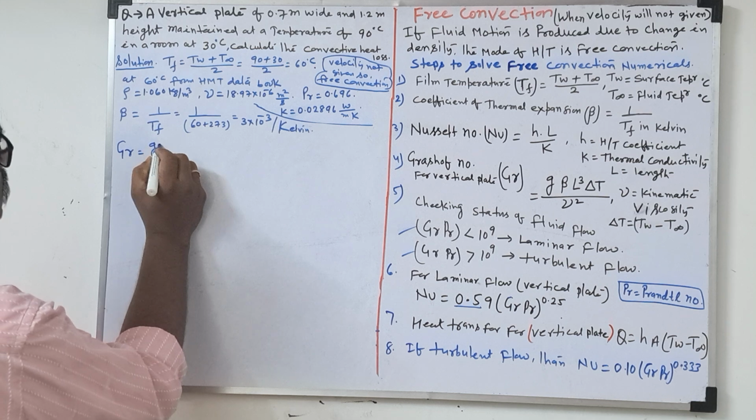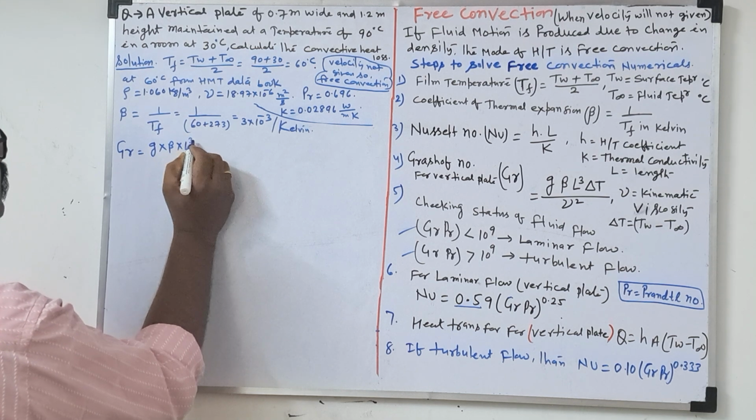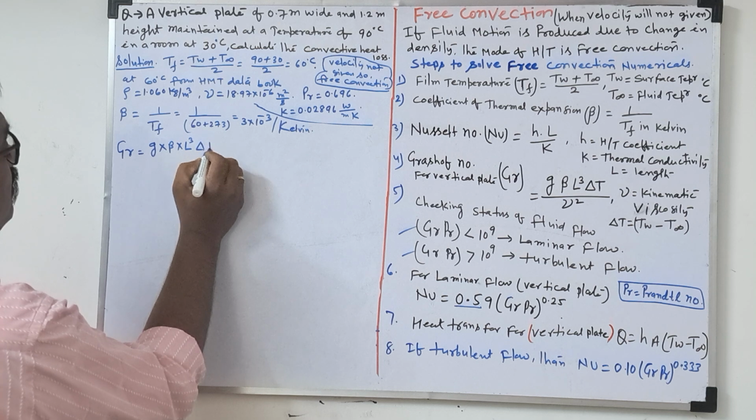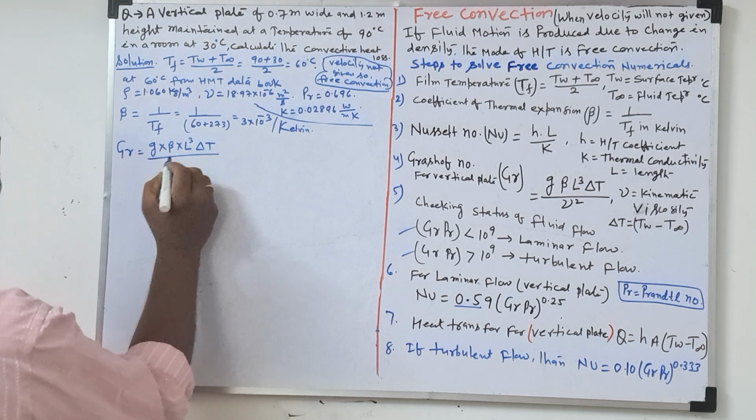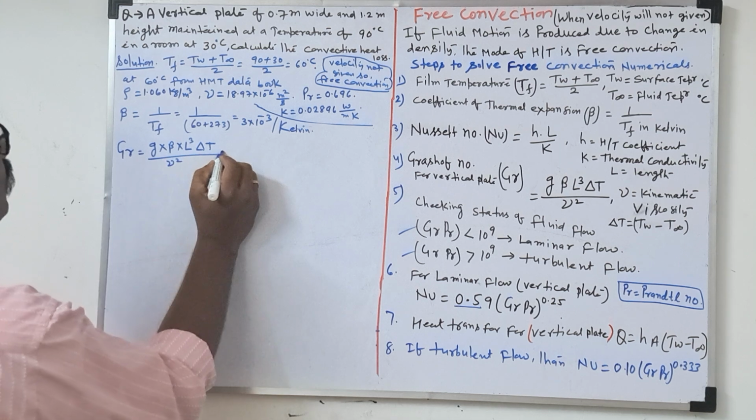Gr is equal to g into beta into length to the power 3 into the temperature difference, surface temperature minus fluid temperature, divided by the kinematic viscosity squared.